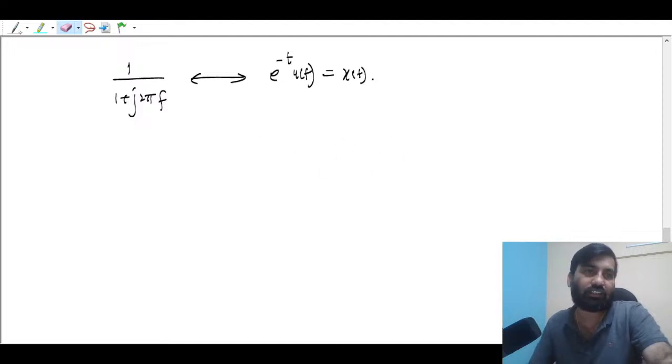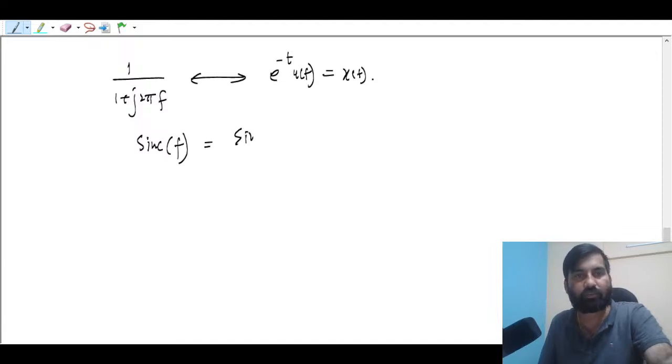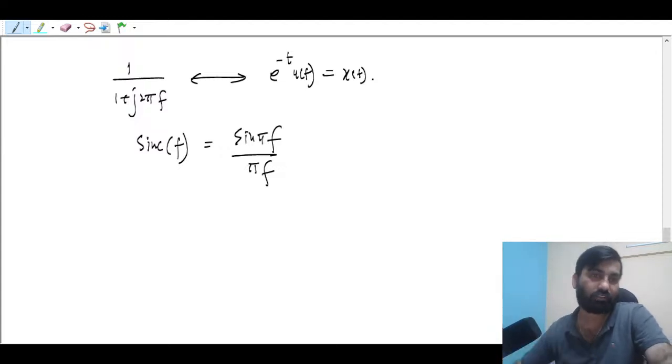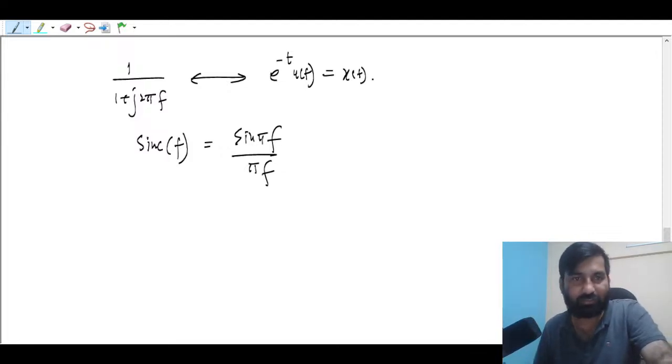Or, if you don't want to do it like this, let me tell again. What you can write here is that sinc of f can be written as sine pi f by pi f, and you can convert into omega, because you know the omega form, and get it back.